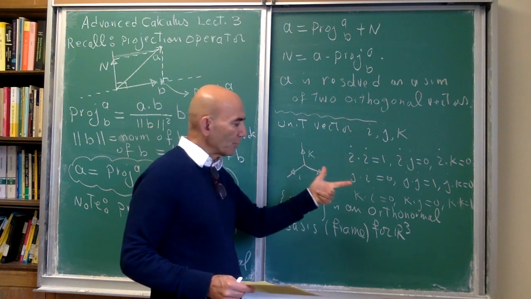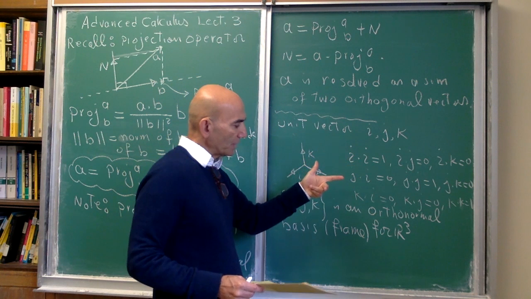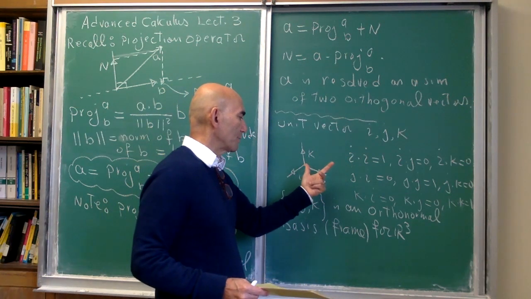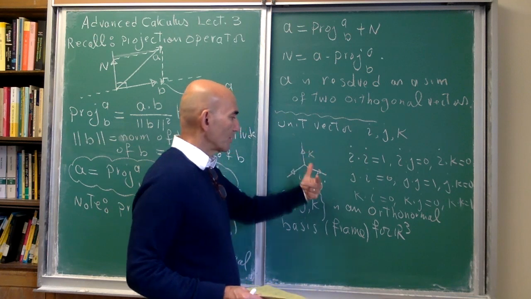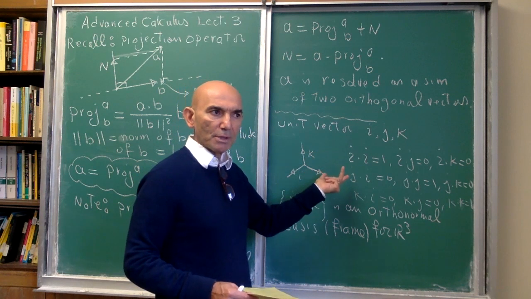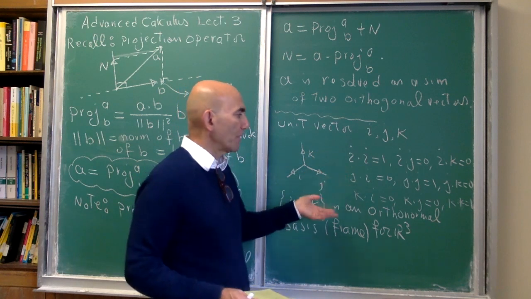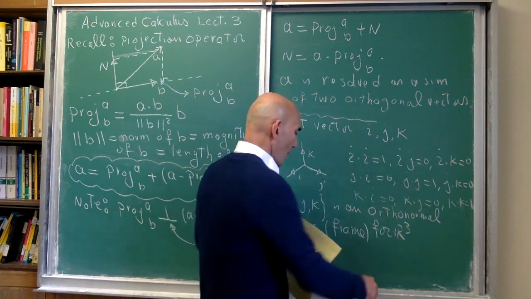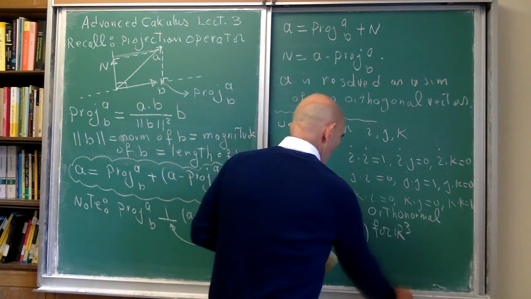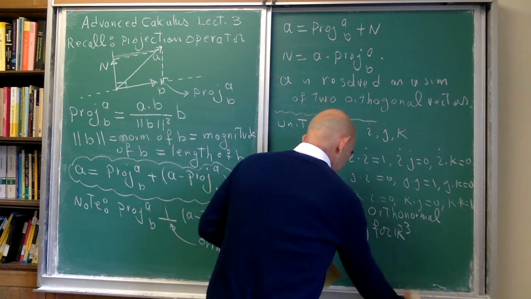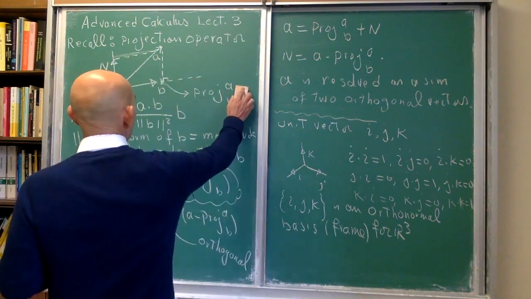You don't change the relations of the three vectors to each other, but you rotate this, and of course keep the base at the origin. And you end up at some other triple of vectors, like E1, E2, E3, that would satisfy these relations. So let me write this down, because that's a nice application of the dot product.